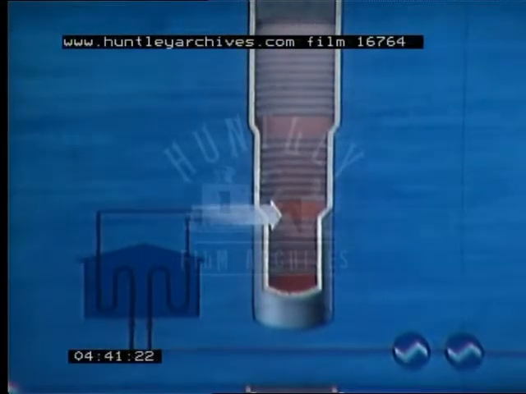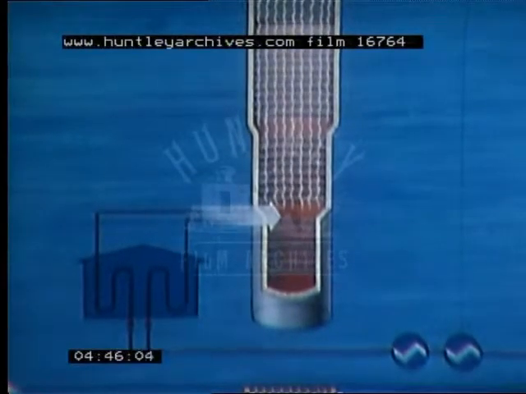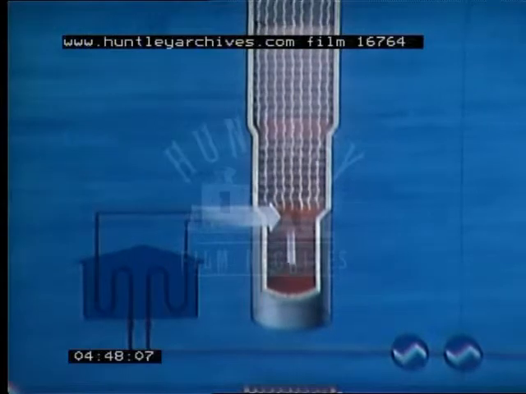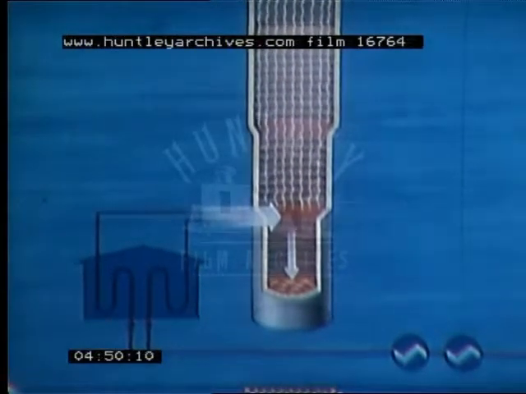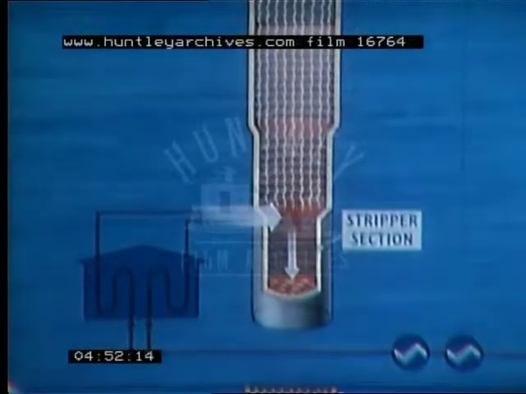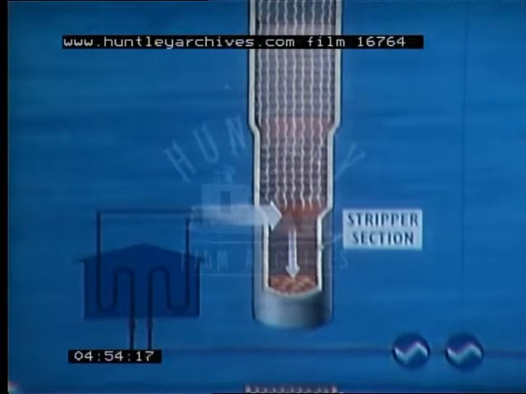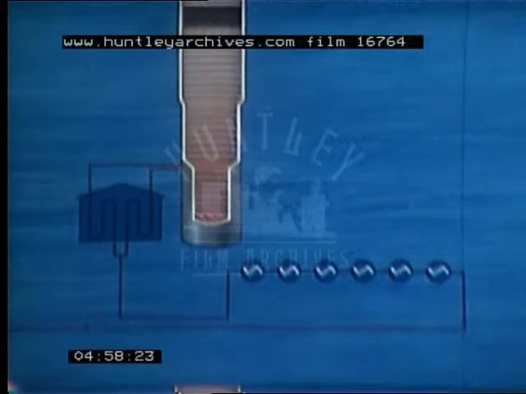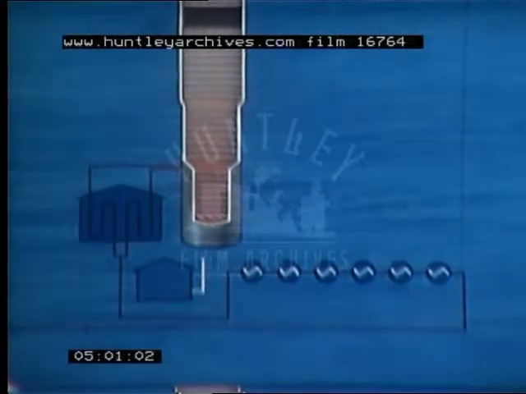As the atmospheric residue enters the tower, the vapors rise up, whilst the unvaporized part falls to the lower and narrower part of the tower, which is called the stripper section. The vacuum residue is stripped by superheated steam blown into the bottom of the tower.